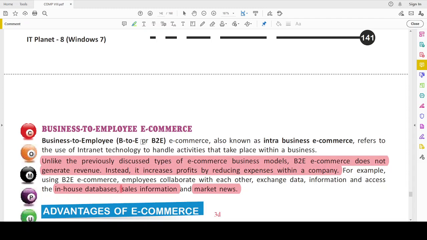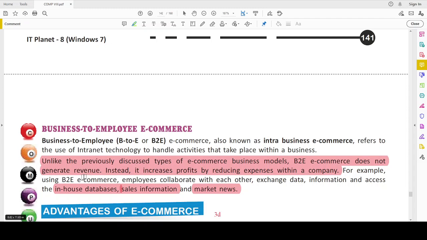Business to employee e-commerce, also known as intra-business e-commerce, refers to the use of intranet technology to handle activities that take place within a business. Unlike previously discussed types of e-commerce models, business to employee e-commerce does not generate revenue.